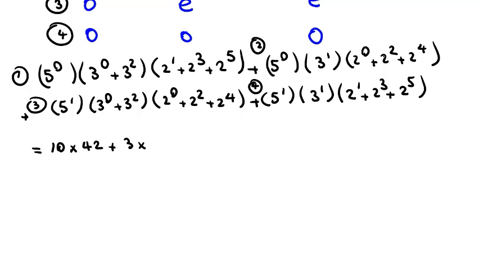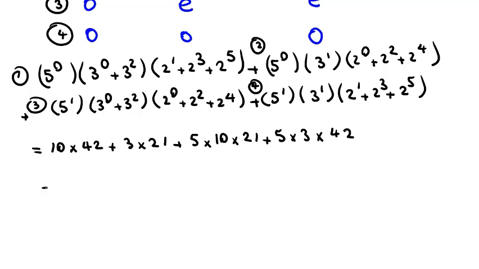It is 1 plus 16 plus 4, 20, plus 1 is 21, times 5 times 3 times this one, which was 42, we've calculated here.